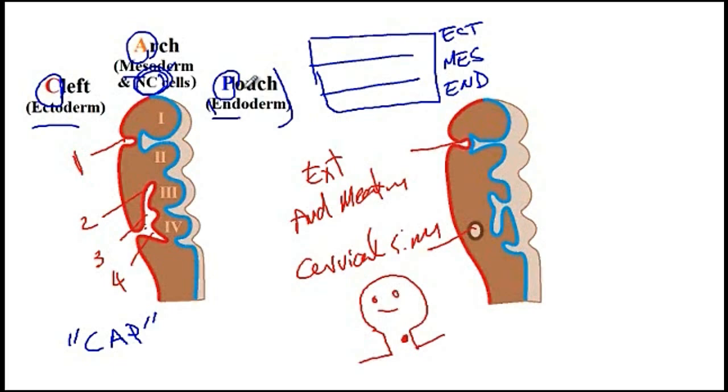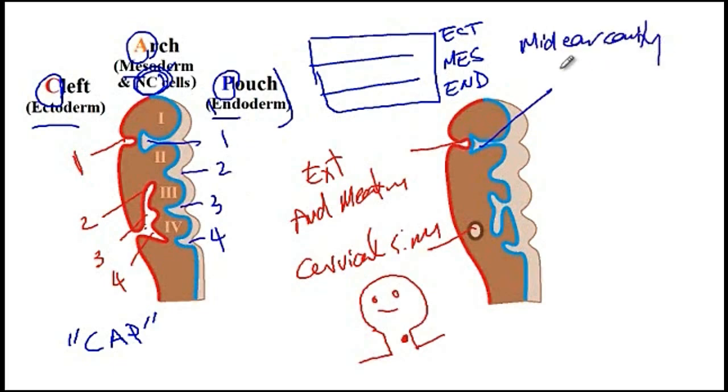Now, in terms of branchial pouches, this is the first one, second one, third one, and fourth one. So the first one gives rise to the middle ear cavity, eustachian tube, and the mastoid air cells.